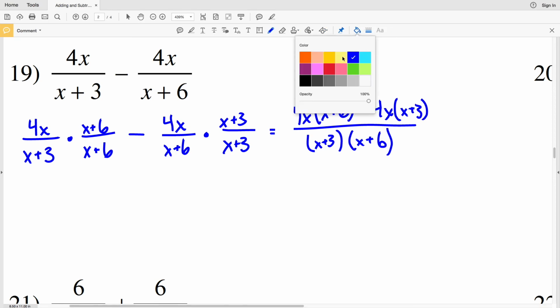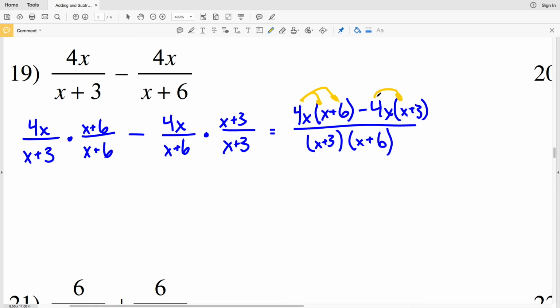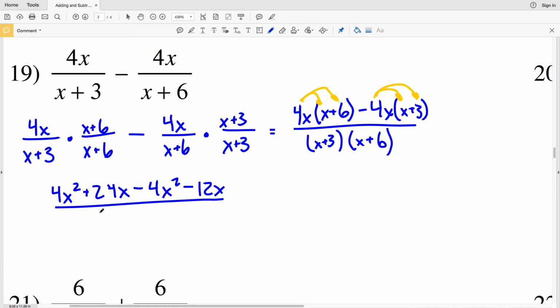So let's simplify, but first we're going to need to distribute. So 4x times x is going to be 4x squared. 4x times 6 will be 24x, and I'll be subtracting 4x times x, which is 4x squared, and then also subtracting 4x times 3, which is 12x, and that's all over x plus 3 times x plus 6.